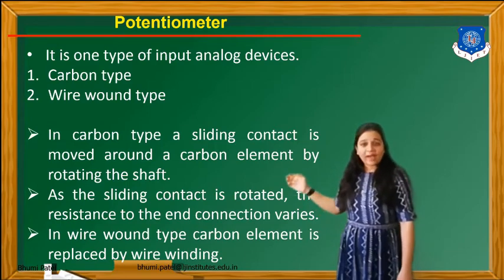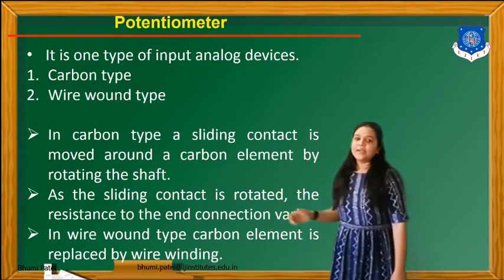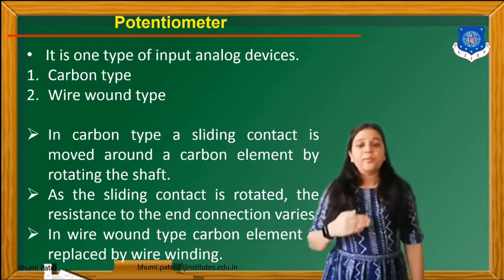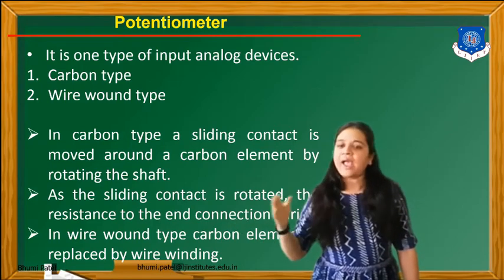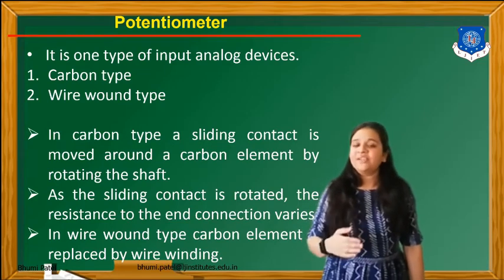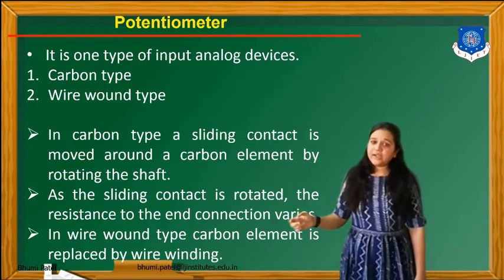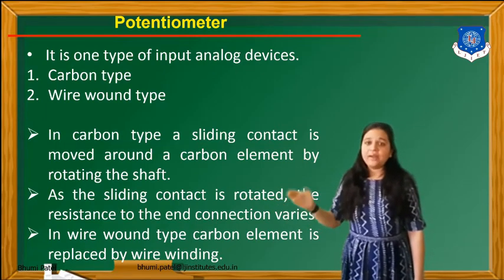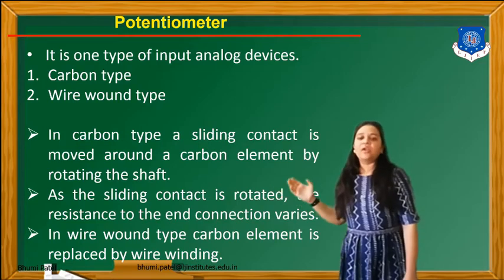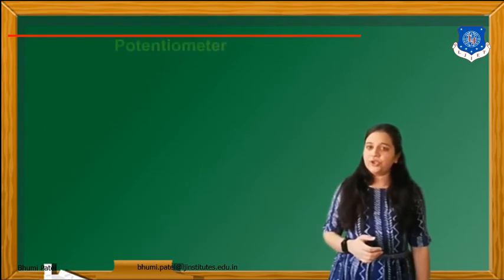In the wire wound type, the carbon element is replaced by a wire winding. So the function of the carbon type and the wire wound potentiometer is the same, but the construction is a little bit different. In the carbon type, they use the carbon element, and in the wire wound type, they use a wire winding in the potentiometer.